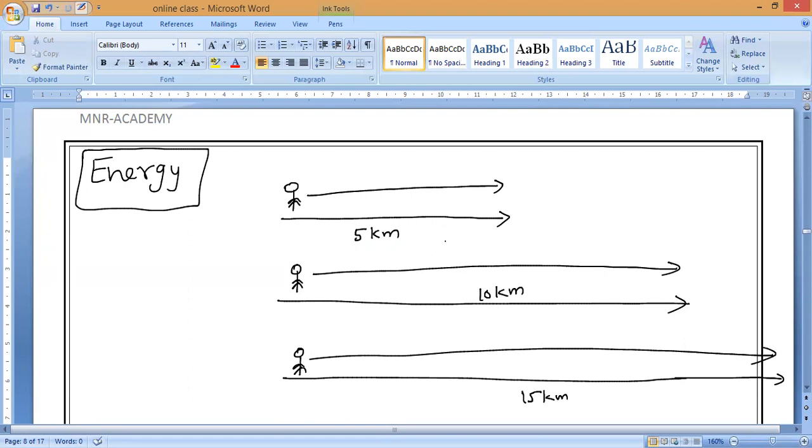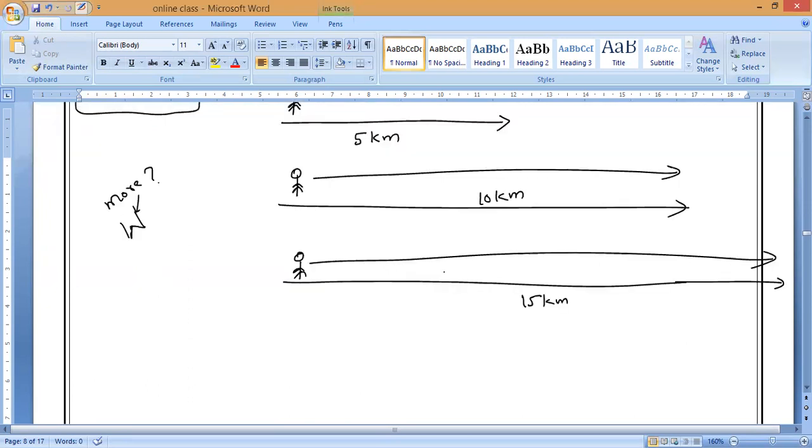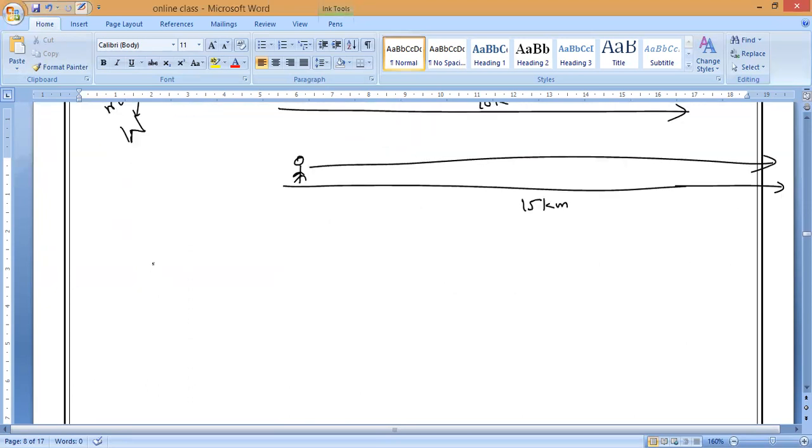Now you tell me who has done more work and who has done less work. Anybody? Who has done more work? Who has done less work? Elmukil has done more work, because he has traveled 15 kilometers.